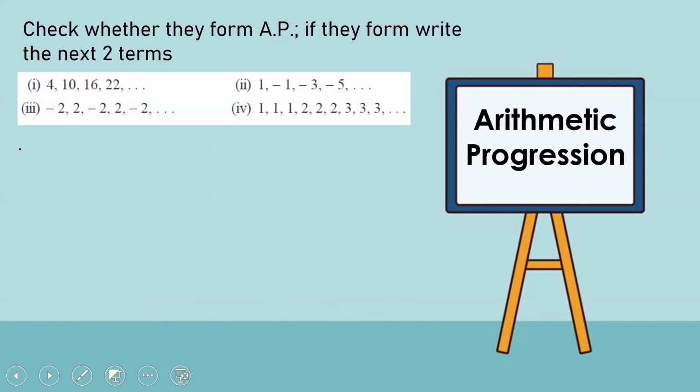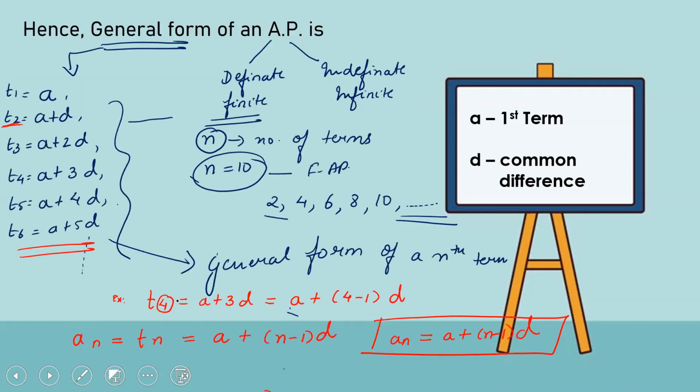If you see, this is 3 over here, now 3 is 1 less than 2. 3 minus 1 into D. 4 minus 1 into D, that's 3D. 5 minus 1, that's 4D. 6 minus 1, that is 5D. So this is the general form of the nth term of an AP. Right. Hope you have understanding.